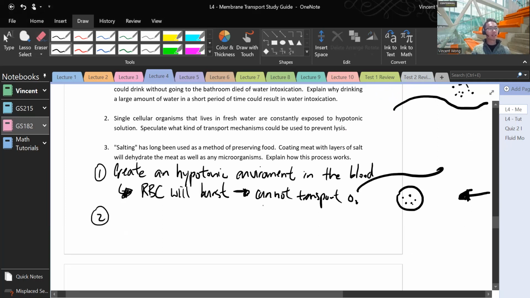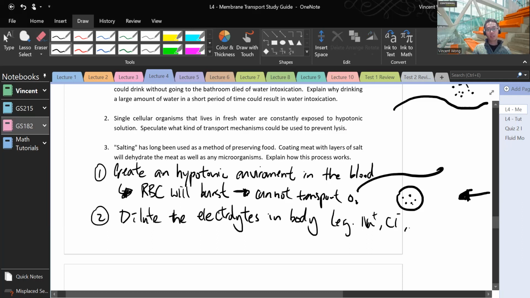Water doesn't actually have much of anything in it, unless you're drinking mineral water, then that's a different story. But if you're just drinking regular water, then very small amounts of electrolytes in it. But good try though. In fact, what drinking a lot of water will do to you is dilute the electrolytes in the body. Okay, so electrolytes would be like sodium, chlorine, potassium. All these things have different functions in the body, right?